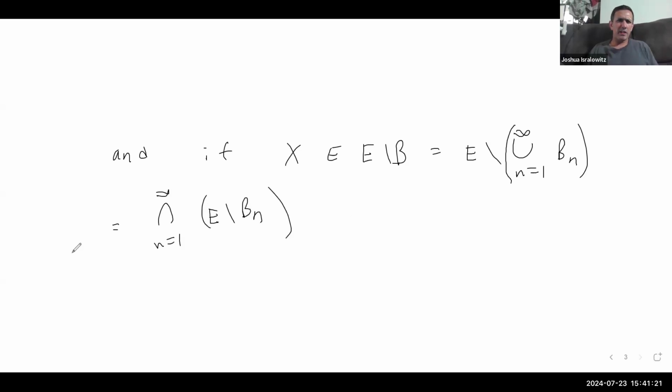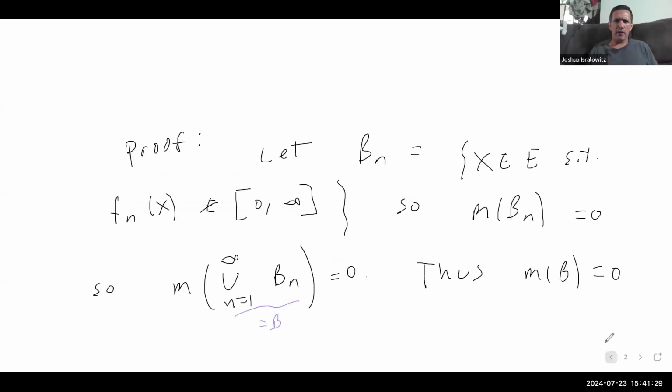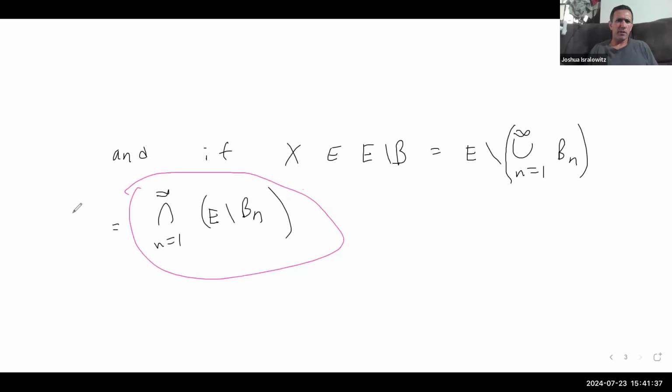So x is in this set here, so we're away from each Bn. If we're away from each Bn, then each Fn of x is in 0 to infinity. I'll just write that down.